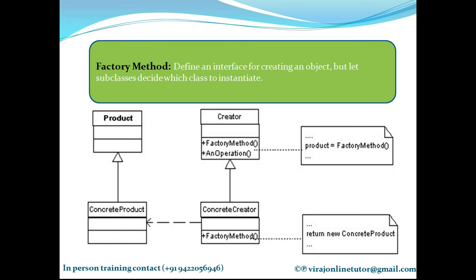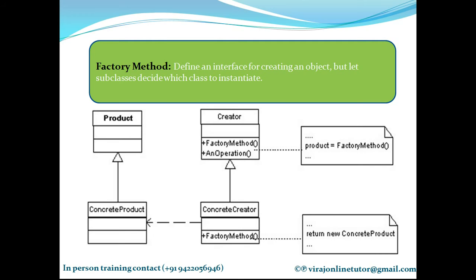The second way of implementing a factory method is to make the creator a concrete class and provide a default implementation for the factory method. Interesting. That means you provide a default definition of factory method inside the base class itself.